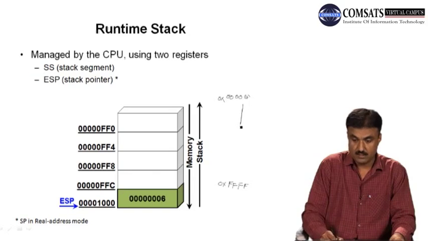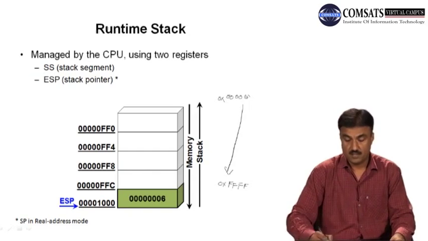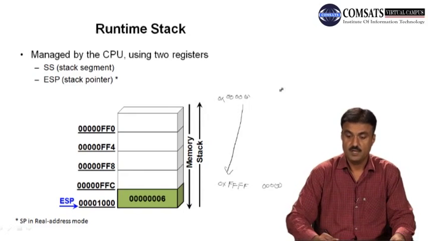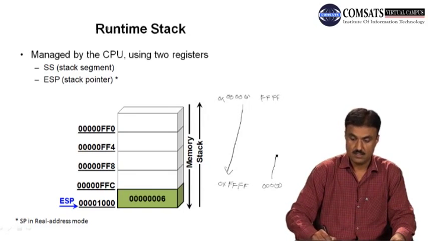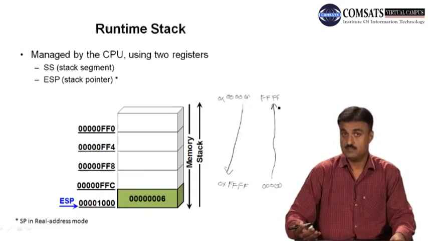This is the growing direction of the memory. Similarly, we can have another representation of memory, where our memory starts from here at 0000 and so on, and the last location is FF and so on. In this way, the growing direction of memory is this one. So memory can grow either upward or downward, it doesn't matter.